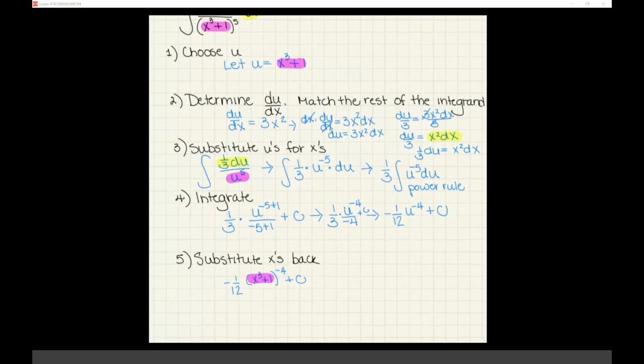And if you want to write it without negative exponents, that expression needs to be down in the denominator with a 12. So there are the steps.